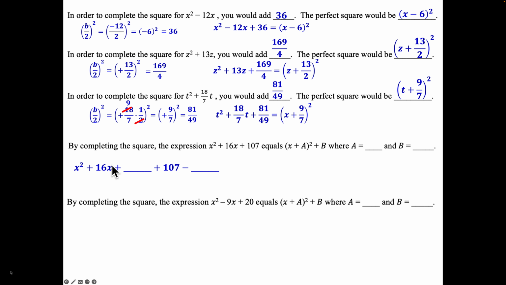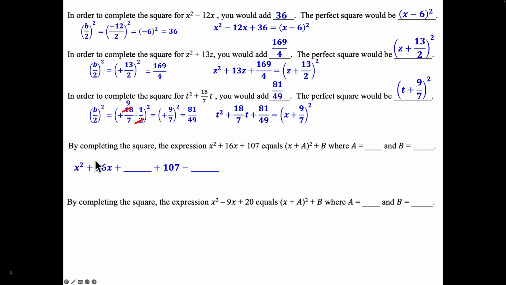So take that plus 107, and then we're going to add and subtract. So they're going to keep everything on one side of the equal sign. Again, baby steps. I know when we said in the work, when it's an equation, we add a plus blank and a plus blank to both sides. Well, there's no equal sign, so plus blank here, minus here.